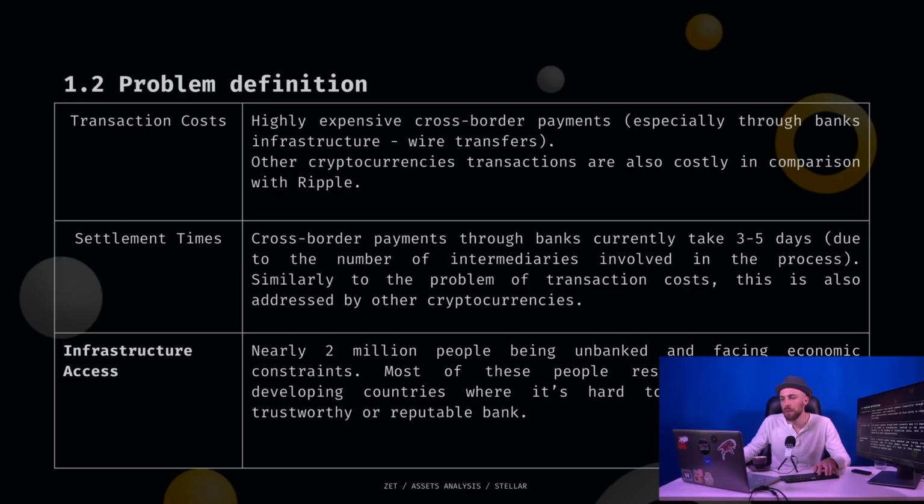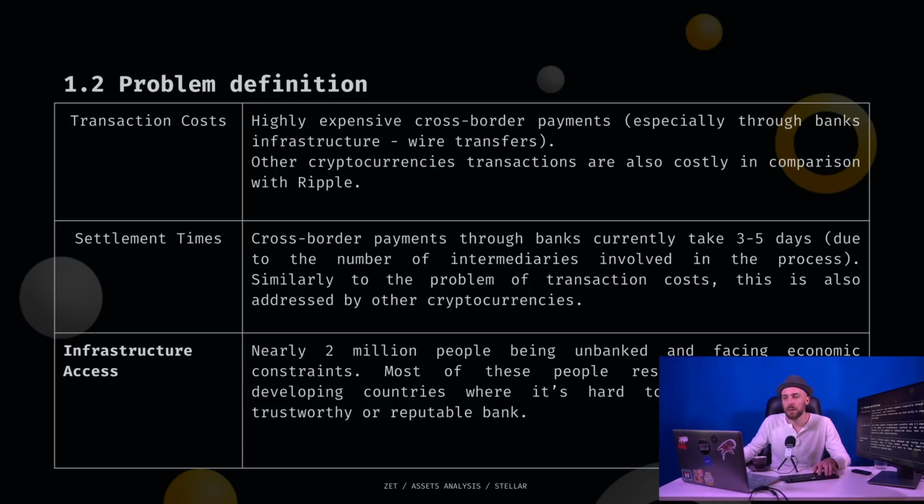Most of these people reside in lower income developing countries where it's hard to find access to a trustworthy or reputable bank. What is the current population of the earth? I believe it's 7 billion. So 2 billion is almost a third of the whole population.